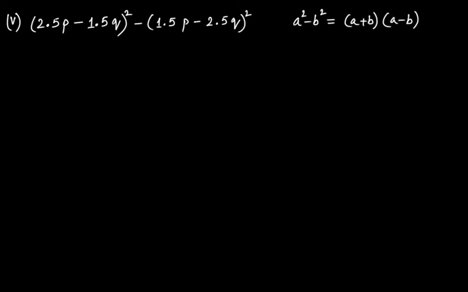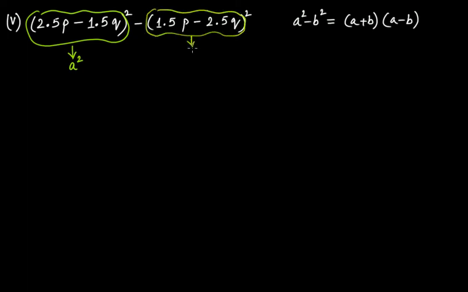So if we assume that 2.5p minus 1.5q is a, and this is squared, so this is a squared, and we think of 1.5p minus 2.5q as b, and it's squared, so this is a squared minus b squared. This should be equal to a plus b multiplied by a minus b. So what's a plus b?